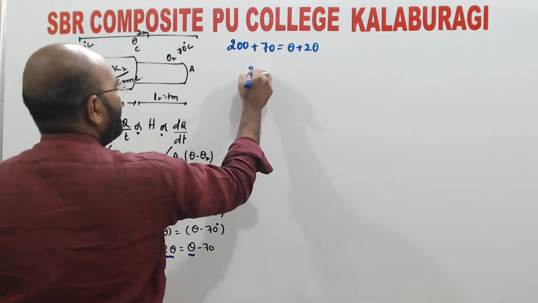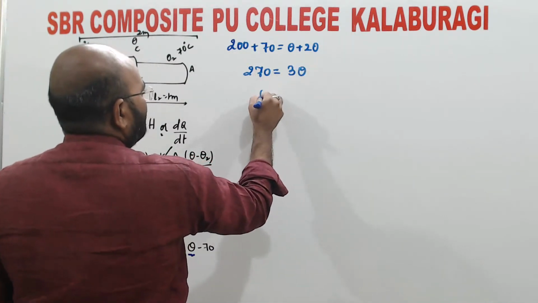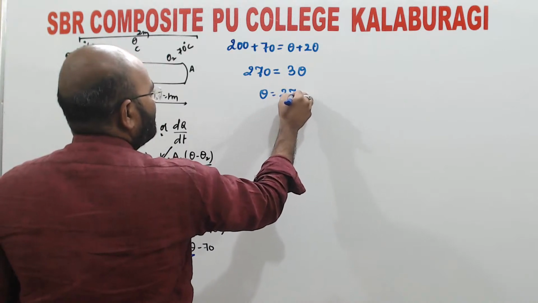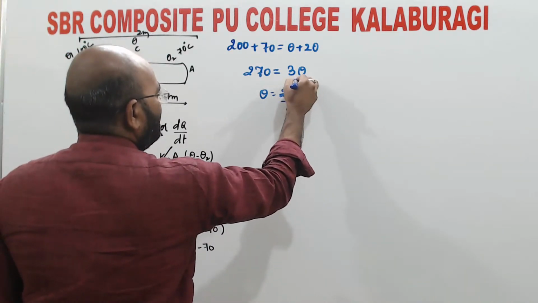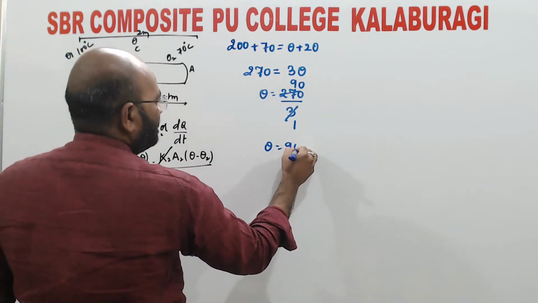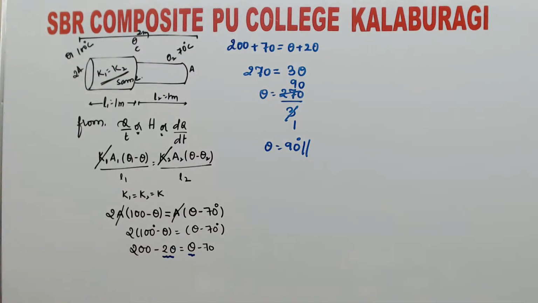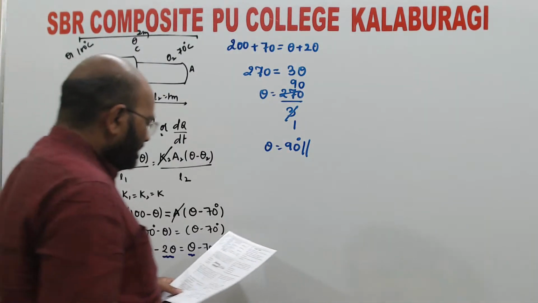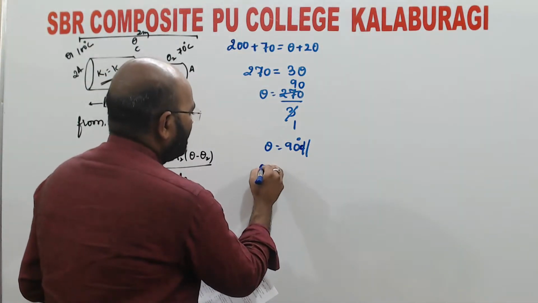This is 270 equals 3 theta. Theta equals 270 divided by 3. 3 nines are 27, so theta equals 90 degrees Celsius. Option number 3 is the correct one.